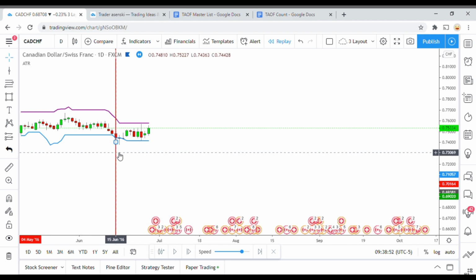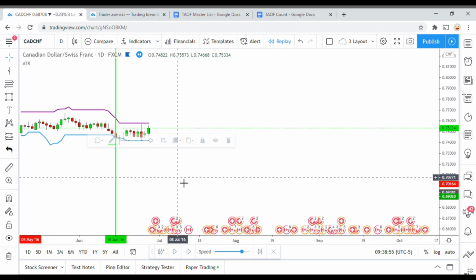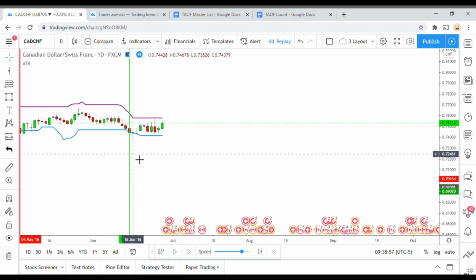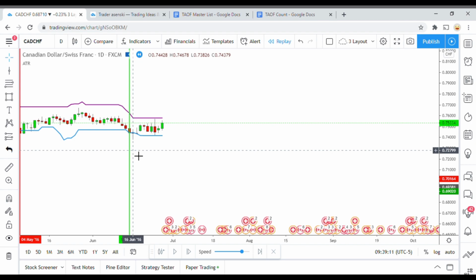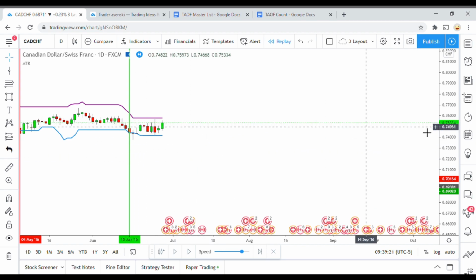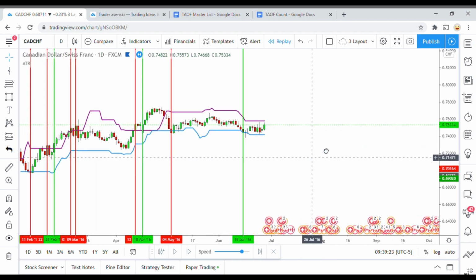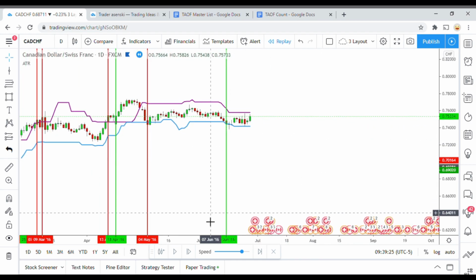So yeah, it looks like it barely made it to take profit. I mean, we can look at the values up here. So it opened at, 42, is that right? Yeah, the open was 74.42, and the low of it was 73.82. So yeah, it barely skimmed that 50% take profit.